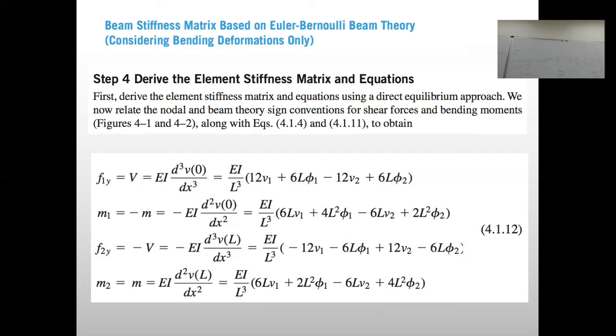The third derivative of V with respect to x cubed equals the third derivative of N1 times V1 plus the third derivative of N2 times theta1 plus the third derivative of N3 times V2 plus the third derivative of N4 times theta2.